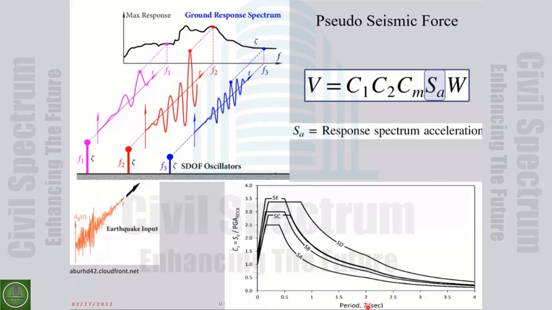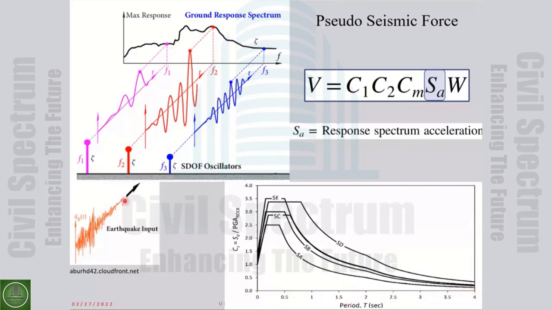When we look at the response spectrum, on the horizontal axis we should see buildings: very stiff buildings with small periods, to very tall buildings with long periods. It is around, for example, a 2-story building, a 10-story building, around 30-story buildings. So we should see buildings.